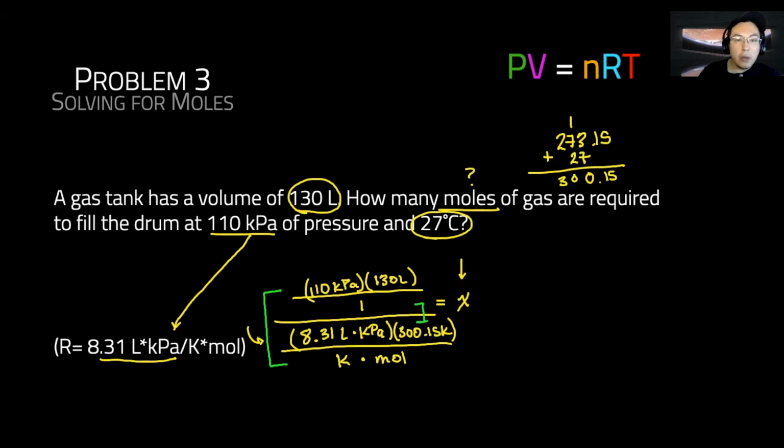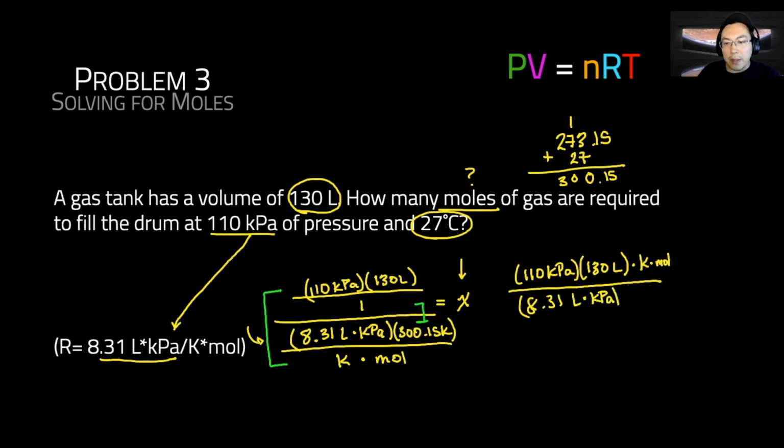Right? So we can also express this as 110 kPa times 130 liters, right? Times Kelvin times mole, ran out of space in there. All of this divided by 8.31 liters times kPa times 300.15 K, right?